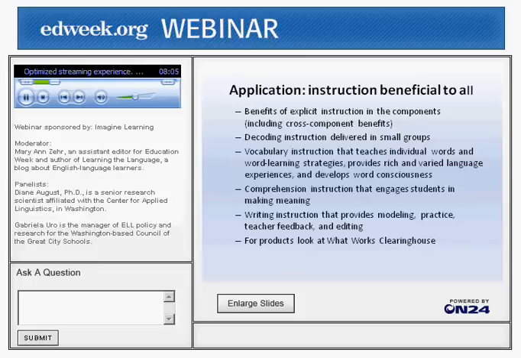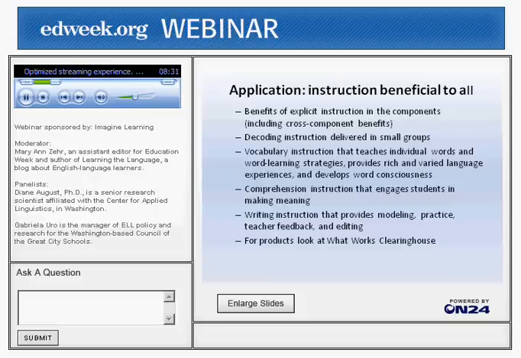Decoding instruction delivered in small groups was an effective method. Vocabulary instruction that teaches individual words, word learning strategies, immerses children in rich and varied language experiences, and develops word consciousness is effective with native speakers, and also effective with English learners.